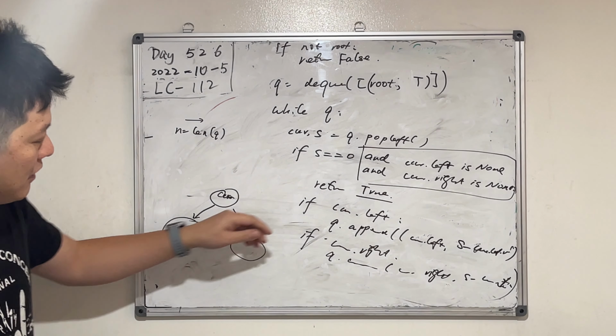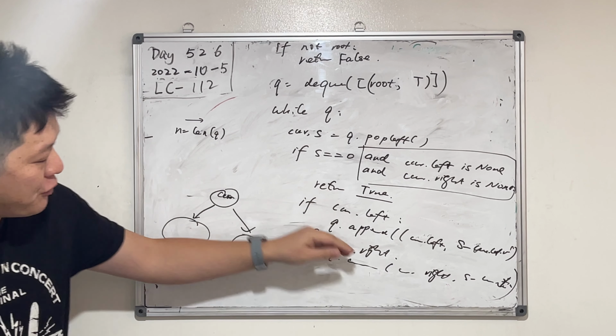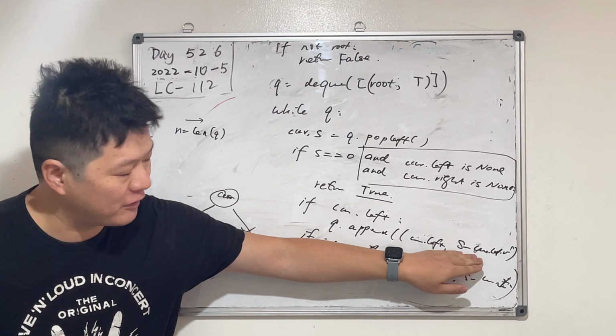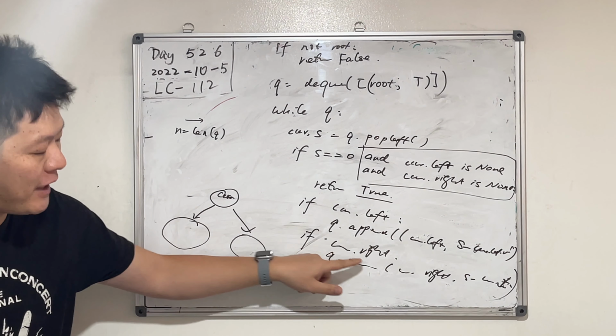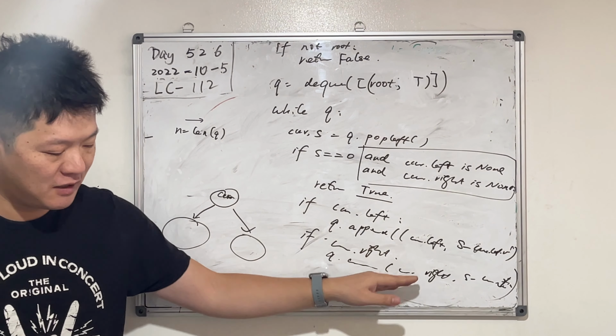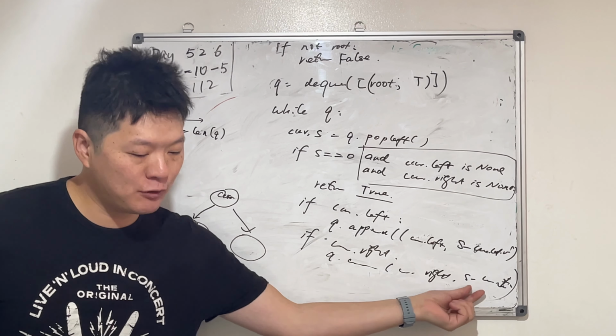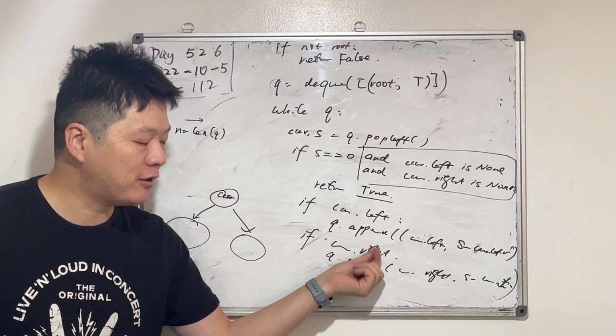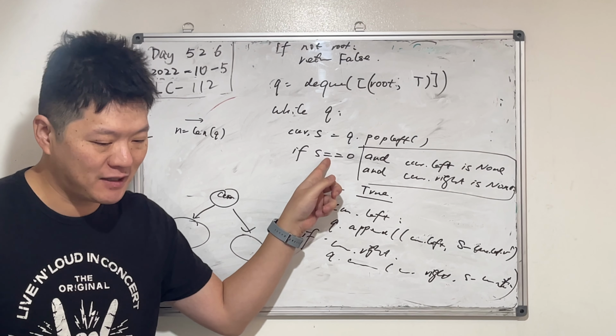Okay. So if there is a left kid, we push the left node and then we deduct the value from the remaining sum. If there is a right node, we push the right node and the remaining sum, which is s minus current dot right's value.